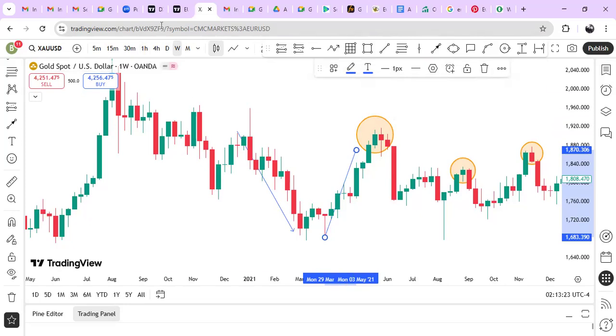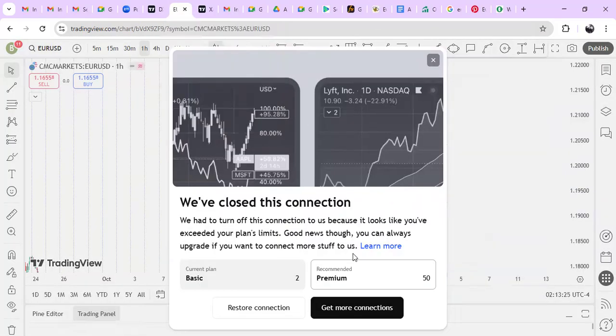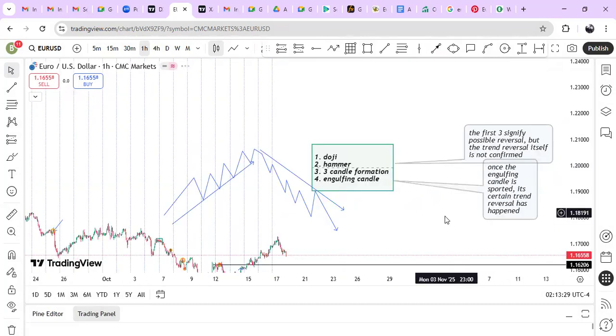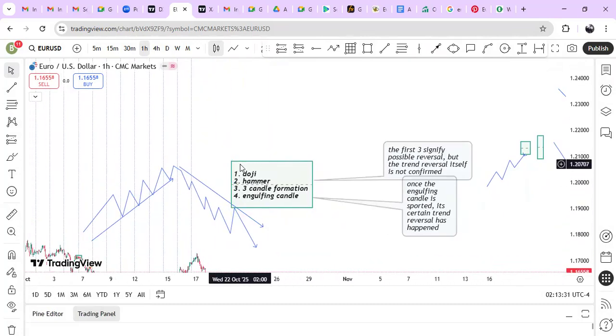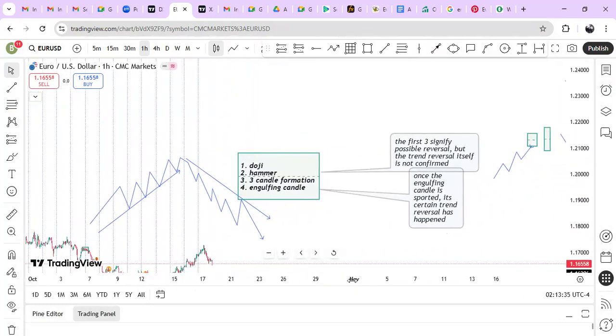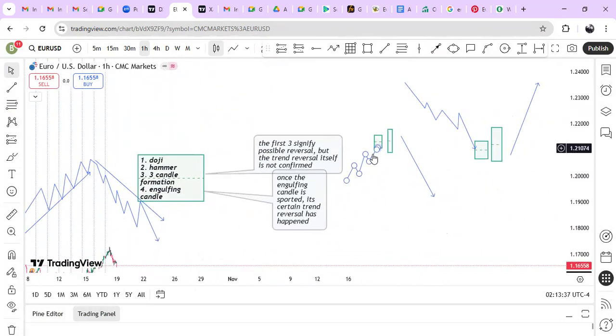So the idea of these candles is simply to look for these four candles at the tail end of a trend, a previously running market. If you see the first three, wait for a little confirmation, the market will reverse. And once you see an engulfing candle, it's set.